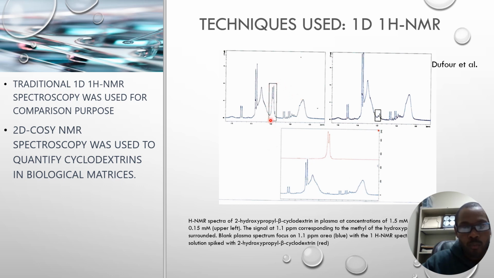methyl group, and at 1.1 around this region you can kind of see how it's getting overcrowded, and over to the right it's at 0.15 concentration, and again at about 1.1 you kind of see it start to get crowded and overlapping.